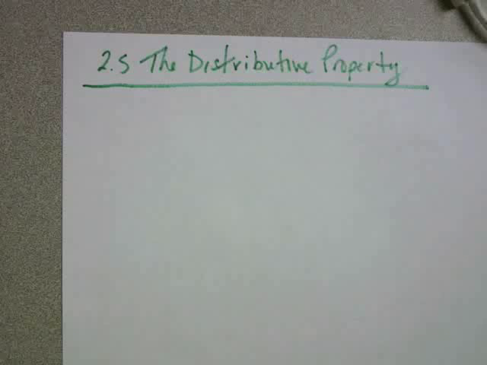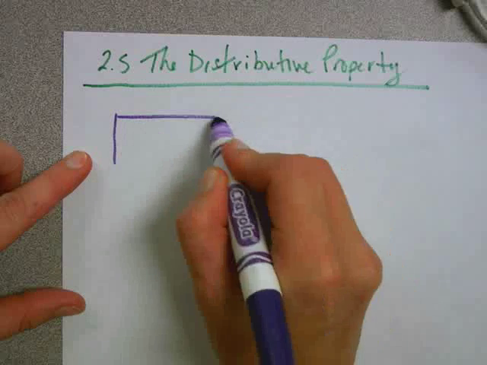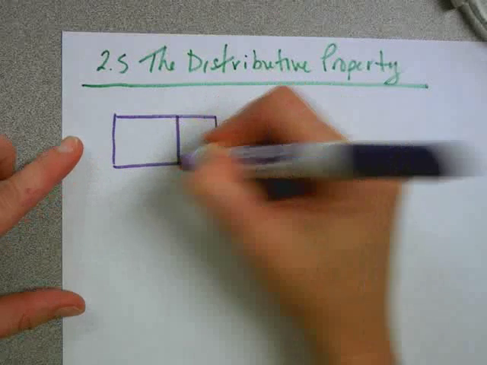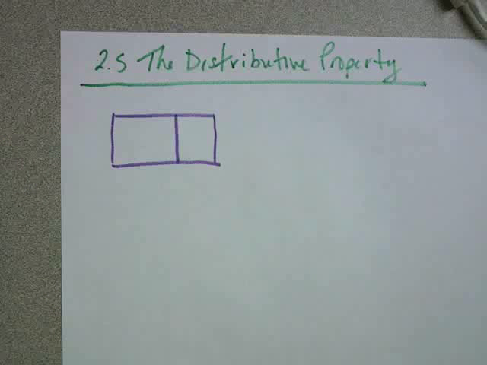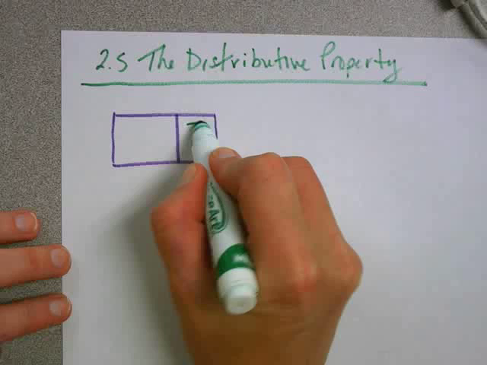To start off with the distributive property, I'm going to make a rectangle, and we're going to find the area of that rectangle. But I'm actually going to cut it into two separate parts, and I'm only going to give you measurements for each of those separate pieces. This will be our green section here.